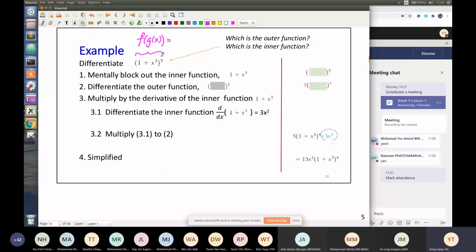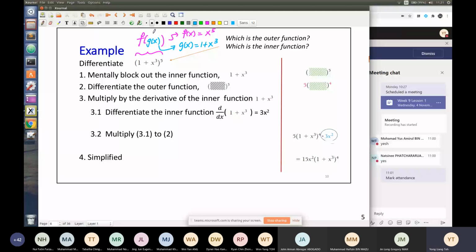So if I define the outer function f of x as x to the power of 5, then the inner function g of x is your 1 + x cubed. So let's use a different color to denote this. So g of x is 1 + x cubed. Clearly, this guy is a composite function.